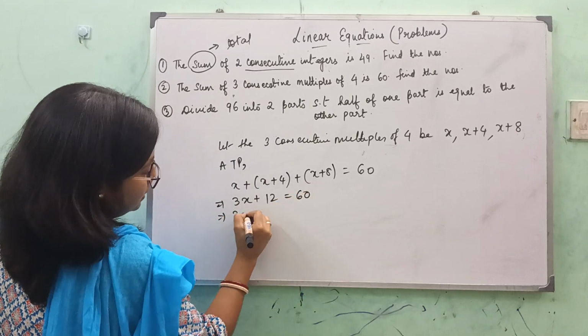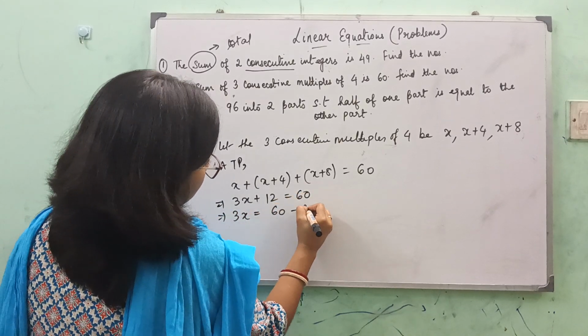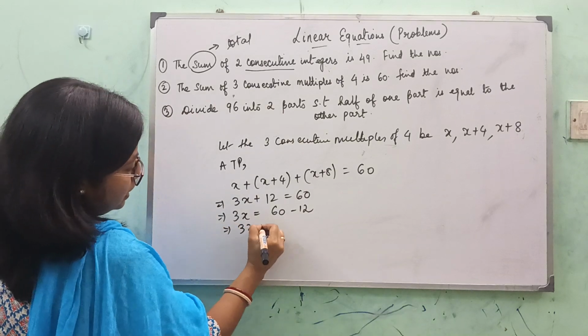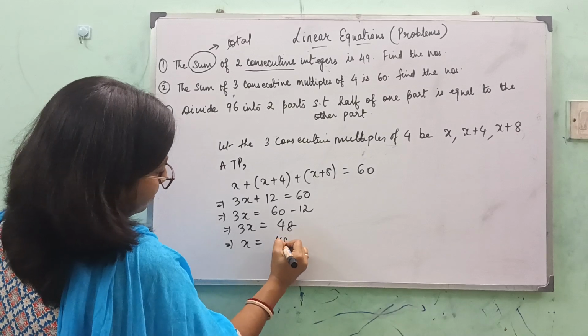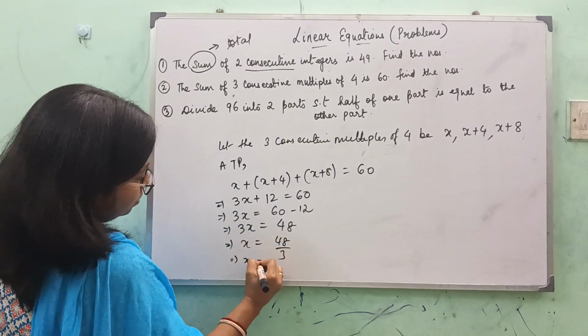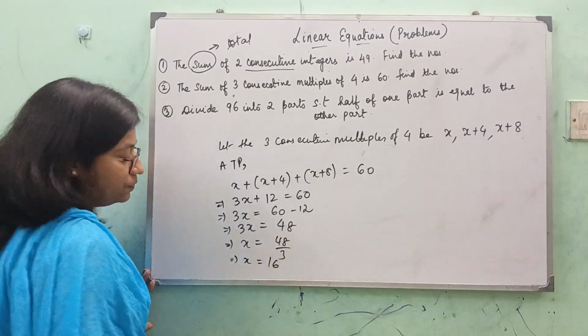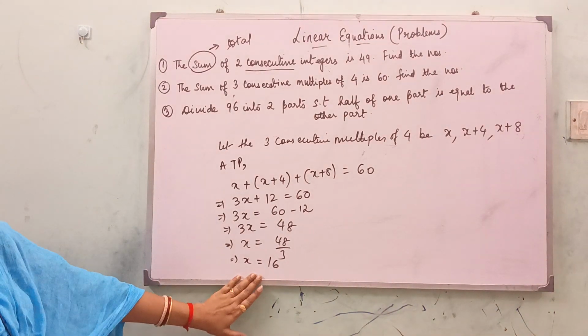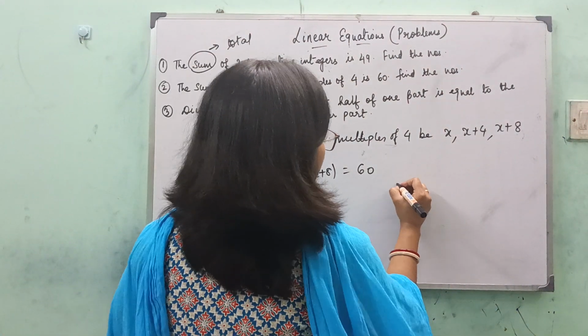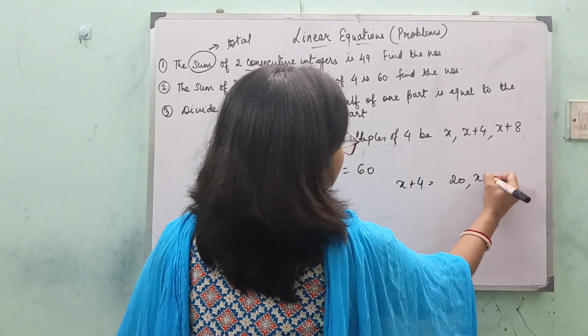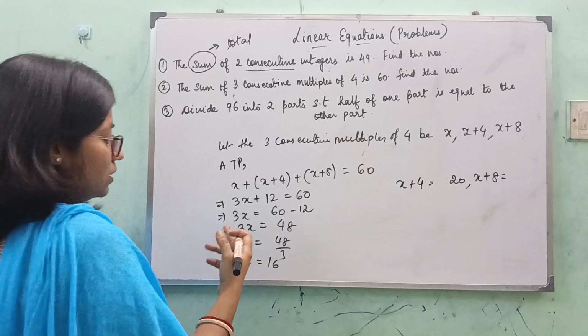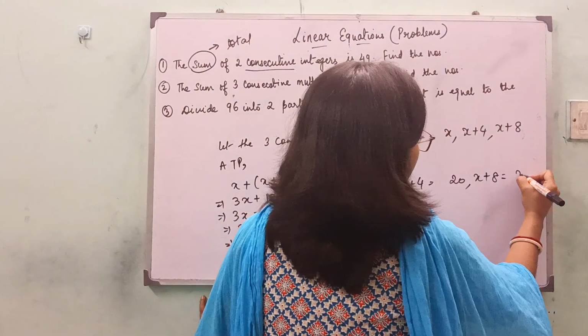So, 3x equals 60 minus 12. So, 3x equals 48, or x equals 48 by 3, or x is equal to 16. So, we have got 16 over here. So, the others will be: x plus 4 will be how much? 16 plus 4, 20. x plus 8 will be how much? That is 16 plus 8, that is 24.